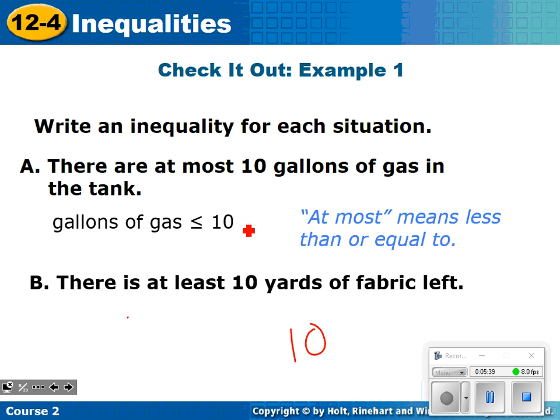Yards of fabric left. Which one's bigger? Does it include 10? That's not too terribly difficult, is it?